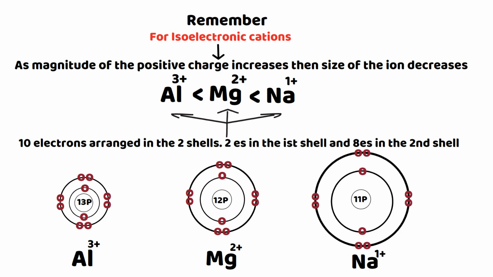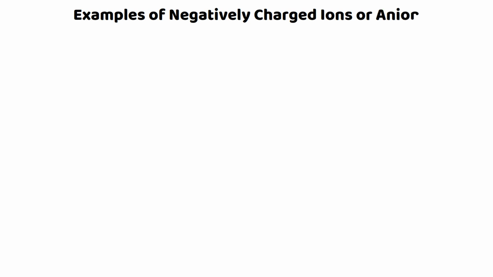As a result of this, the size of aluminium 3+ ion is smaller than magnesium 2+ ion and sodium 1+ ion. Similarly, the size of magnesium 2+ ion is smaller than the size of sodium 1+ ion. Now, let's see some examples of negatively charged ions or anions.